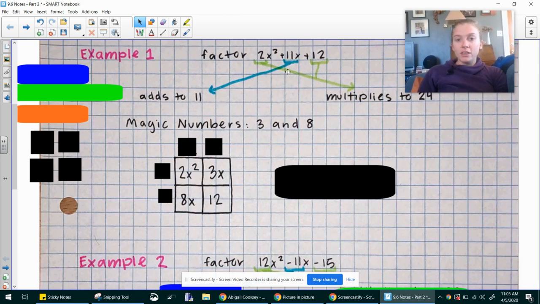Once we have our first term, our magic numbers, and our last term, we're going to find the greatest common factor of each of these pairs and write it on the outside.